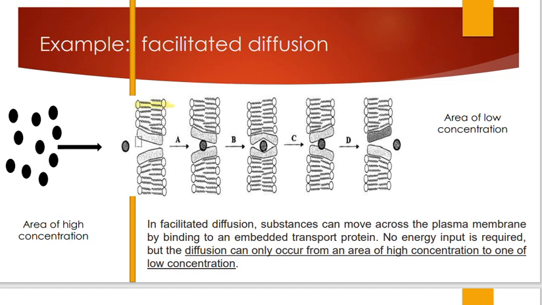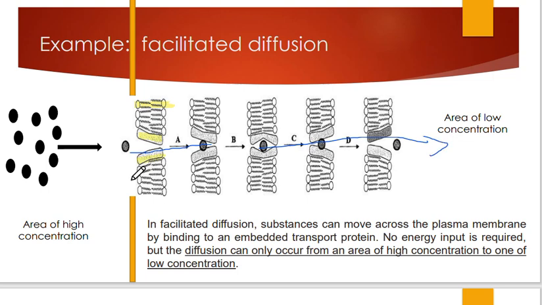So this is your embedded transport protein, and then the substance can get inside the embedded protein, okay, coming from the high concentration to the area of low concentration. Okay?